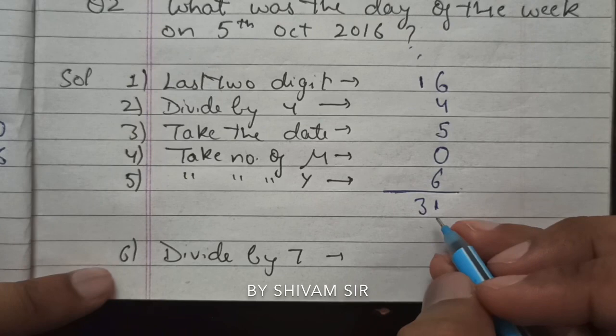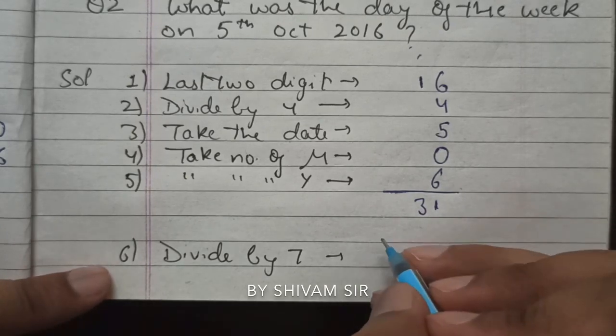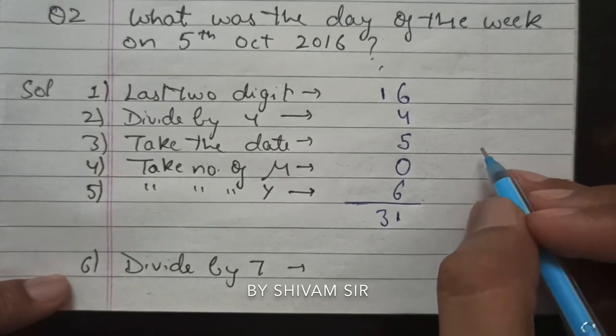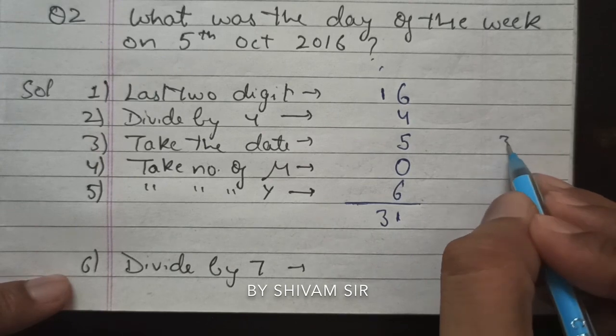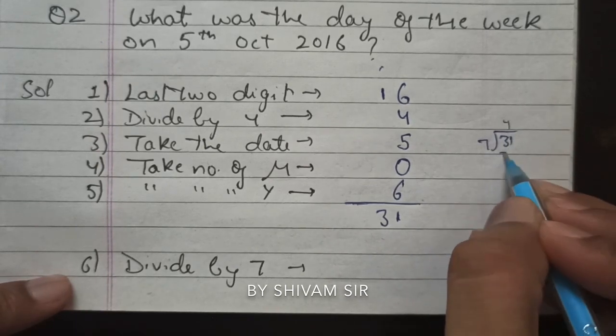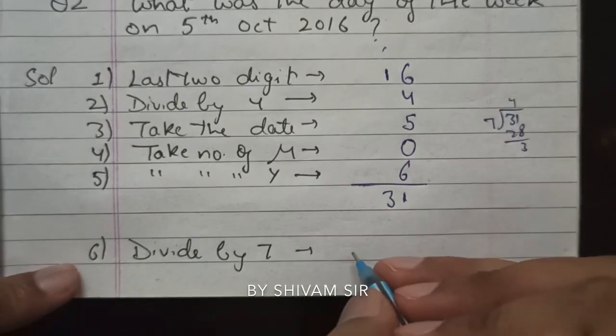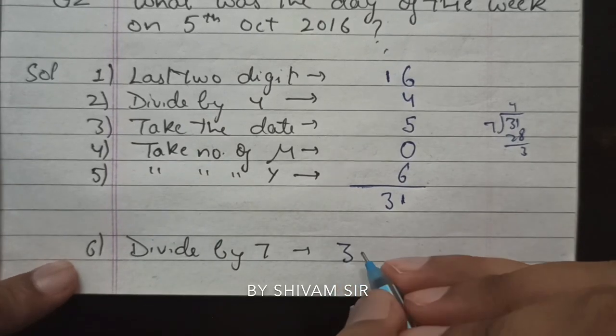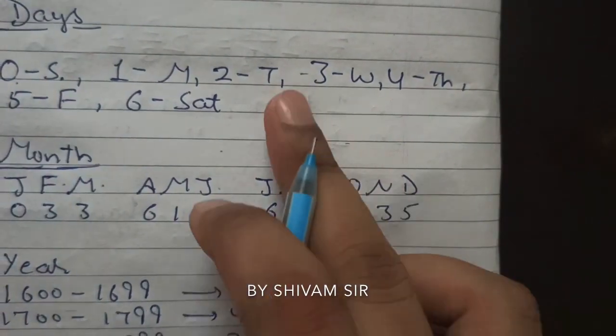So divided by 7, what will the remainder be? When 31 is divided by 7, 7 times 4 is 28, so the remainder is 3. So write down the remainder here, 3. So 3 belongs to which day? 3 is Wednesday. So the day will be Wednesday.